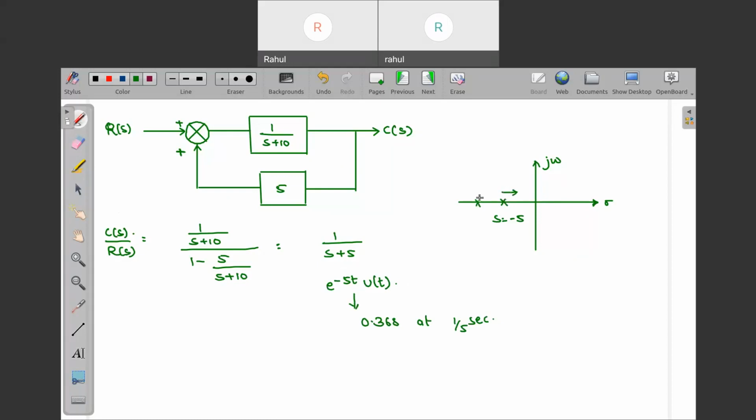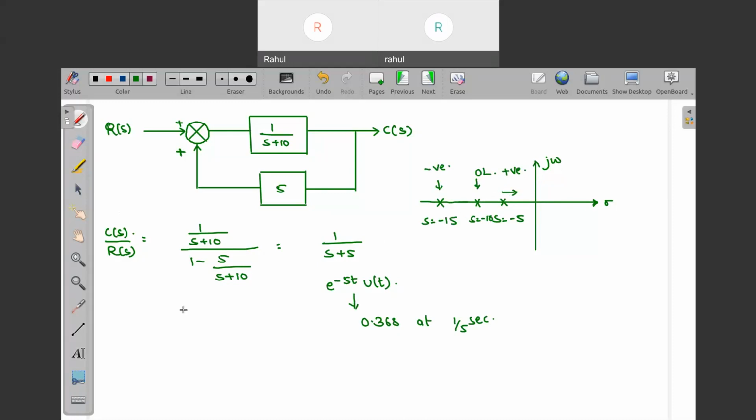Over here this was your open loop, s equal to minus 10, and closed loop was somewhere over here, s equal to minus 15. Sorry, this is your negative feedback closed loop, and this is your positive feedback closed loop. So stability is the least in your positive feedback, and we also know that positive feedback decreases the stability of your system.